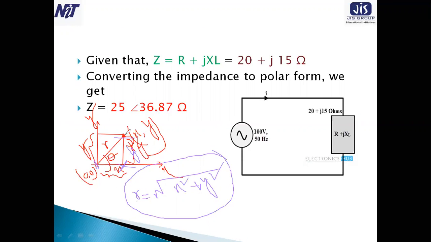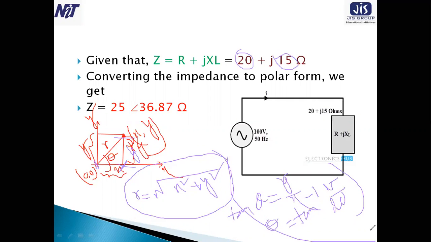What is tan theta? Tan theta equals height by base. What is the height? Y. This is the base, x. So y by x, that means 15 by 20. So theta will be equal to tan inverse of 15 by 20.